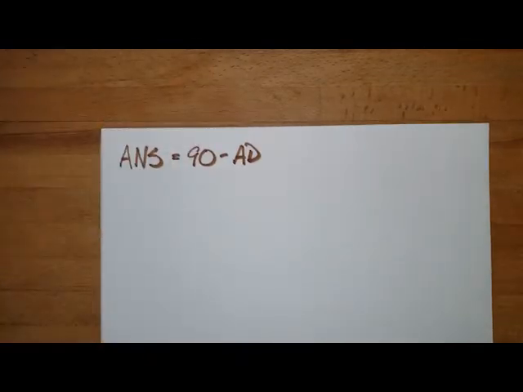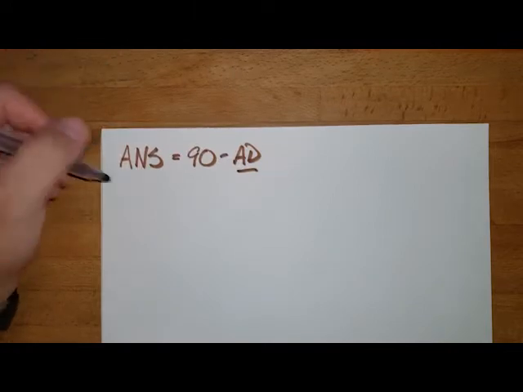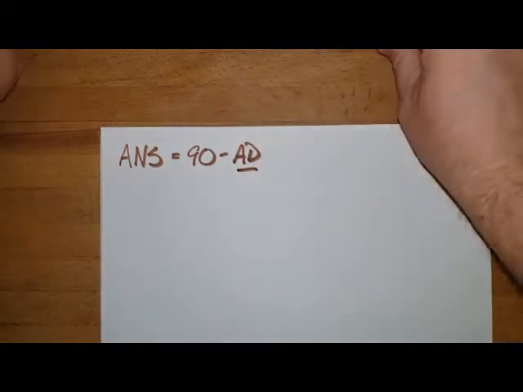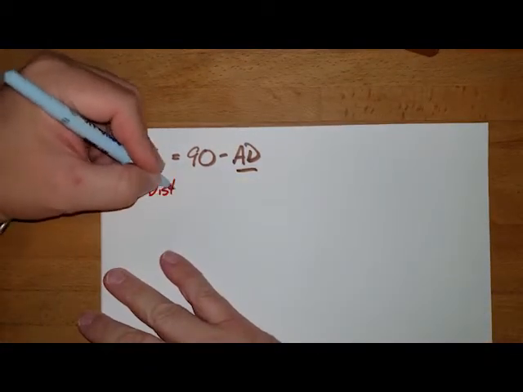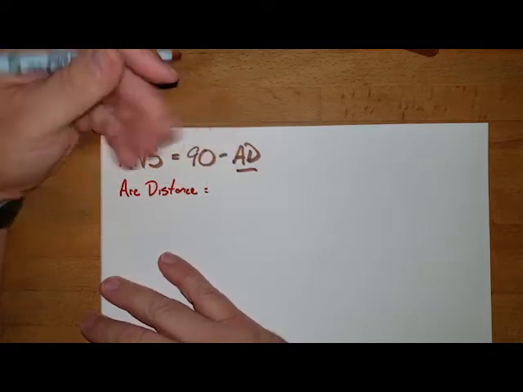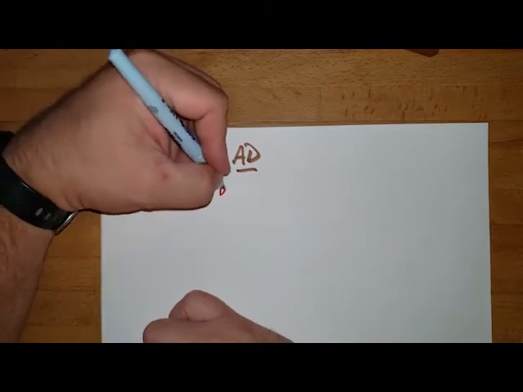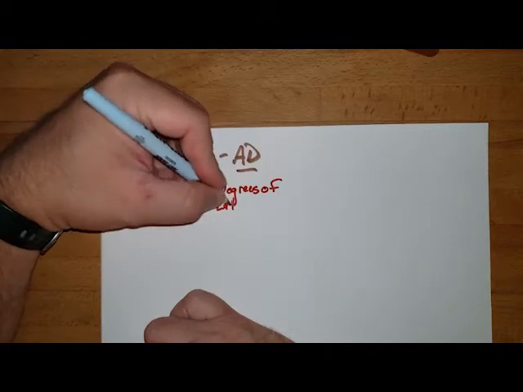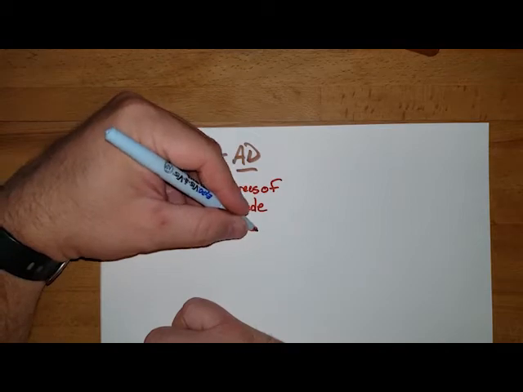Okay, so here is the big question. What we need to do is figure out first what this arc distance is all about, and then we can plug and chug. So what is that arc distance? The arc distance is the angular difference, so the degrees of latitude between two spots.